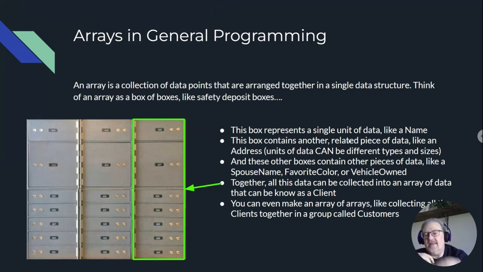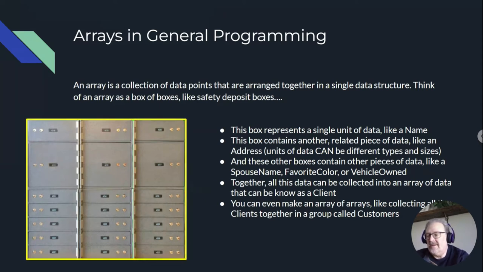So in an array named client, we're going to have all of these different pieces of data. And the thing that's really cool about arrays in most programming languages, and PHP is one of them, is that I can take an array like client, and I can even group multiple clients together in an array that has a name of customers. There's really no limit to what you can do, although you might start to get confused if you have 70 different arrays within arrays within arrays within arrays.